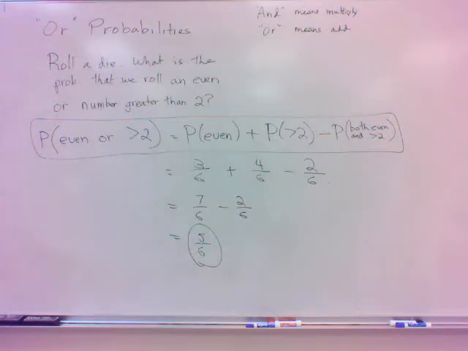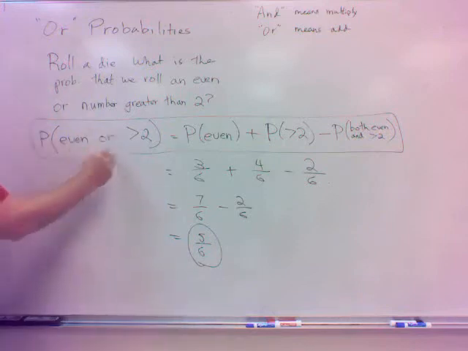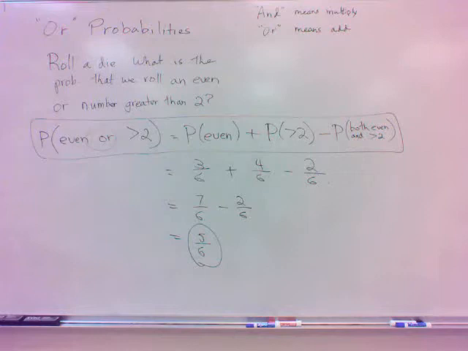I do want you to know the formula, okay? So if we get to a 7 over 6, anything over the 6, we know we need to use that formula. I'm going to write up here a generalized OR formula. Anytime you see OR, this is the formula. Okay? So what is it?